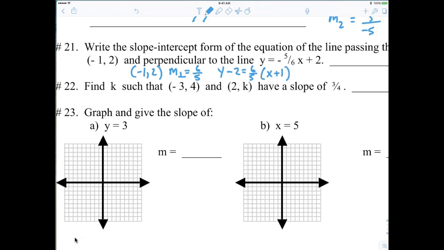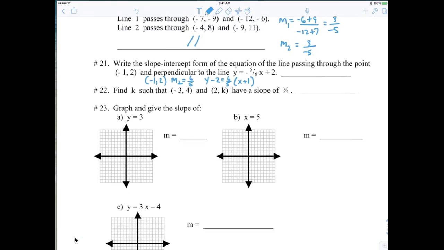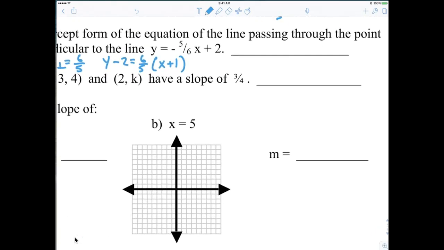Now we're going in slope-intercept, so I just have to convert that to y equals mx plus b, right? Because we're geniuses, this is 6/5 x, and then plus 6/5 plus 2. Plus 6/5 plus 2 would be positive what?